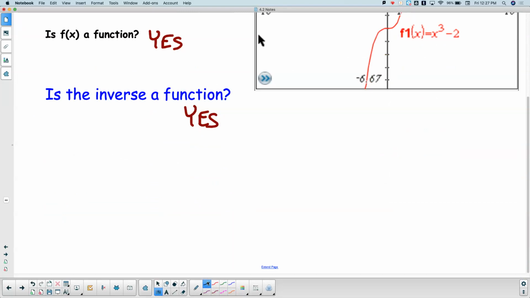We need to find, because it's both, now it's 1-to-1, we need to find the inverse, correct?